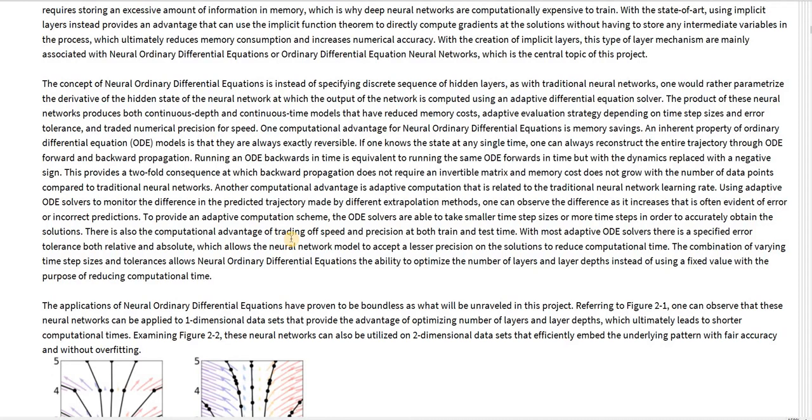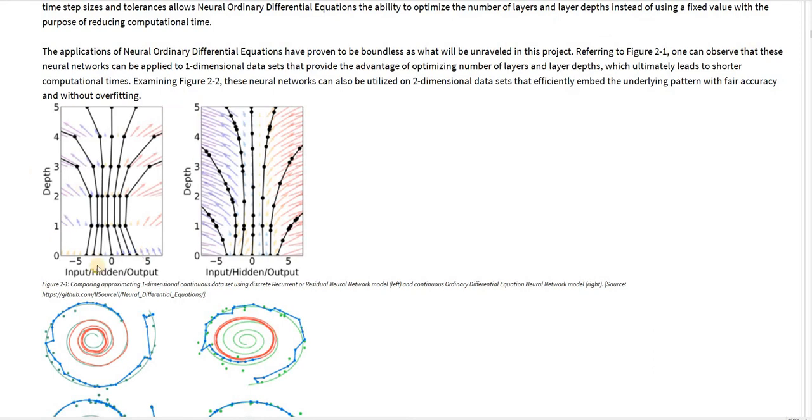So with that, let me show you some pictures that will help with our implementation. One of the advantages, as I mentioned, is if you compare this left picture, which is our typical residual neural network, with the neural ordinary differential equations, you can see that the traditional neural network has a fixed amount of depth.